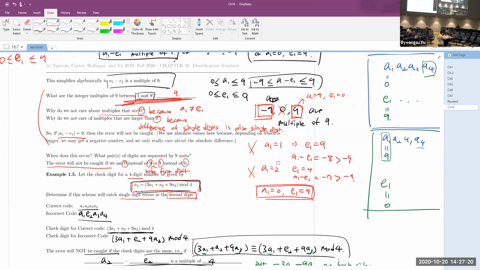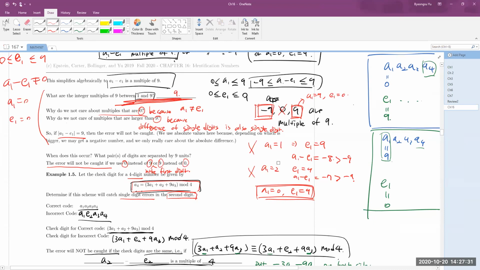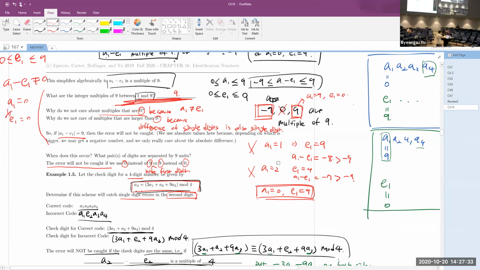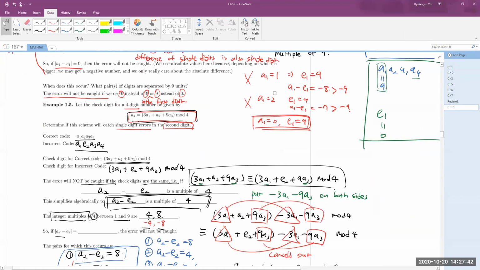What it means is that A1 minus E1 cannot be 0. But A1 can be 0 or E1 can be 0, they just cannot be the same. Okay, thank you for the clarification. Okay, good.